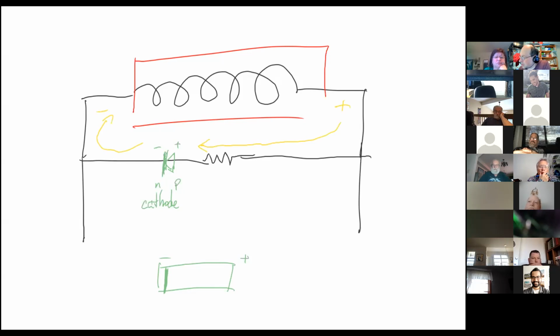And since the plus gets to the plus terminal of the diode, which is a one-way device, at that time, it allows the current to flow and it dissipates the energy in the resistor. In this case, this is known as a flyback diode. And it's used to protect your electronic circuits.